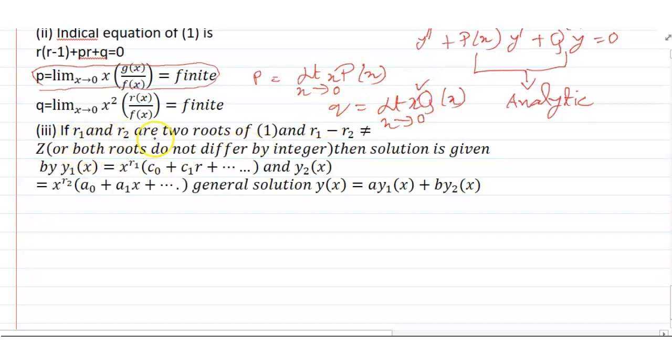If r1 and r2 are two roots of the indicial equation, and r1 minus r2 is not an integer, meaning the difference between the two roots is not an integer, then the solution will become y = c1 y1(x) + c2 y2(x).